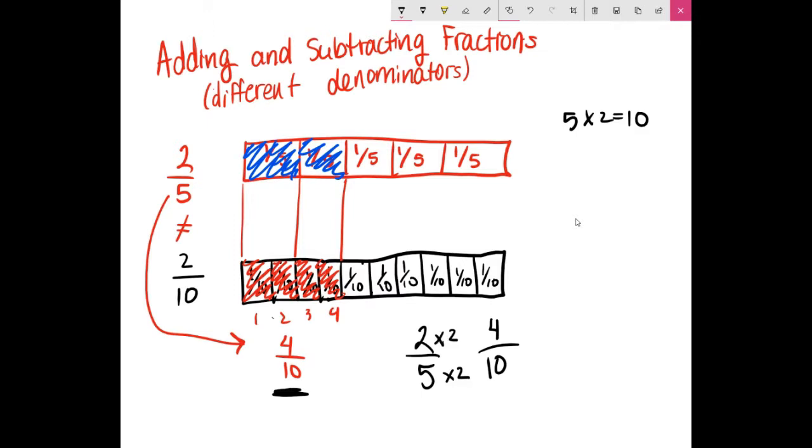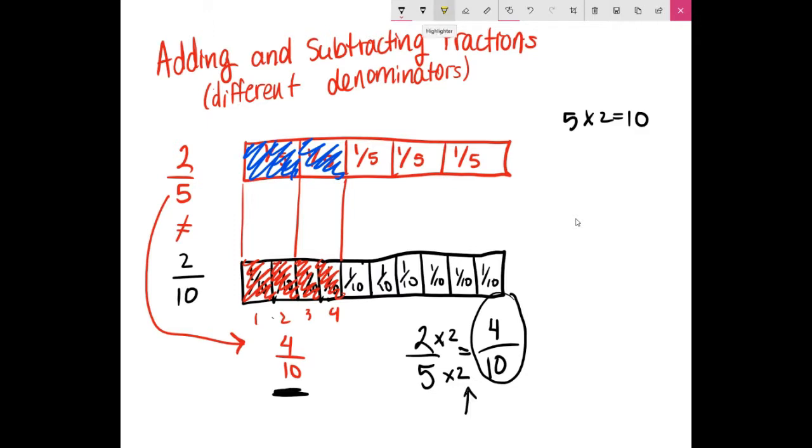We multiply by 2. Those are equal. So I think the rule we can come up with is, if we want to change the number of pieces inside a whole by a multiple of the denominator, then whatever number we multiply the denominator with, we also have to multiply the numerator with to get an equivalent fraction. 4/10 is proportional to 2/5 because it increases by a multiple of 2.